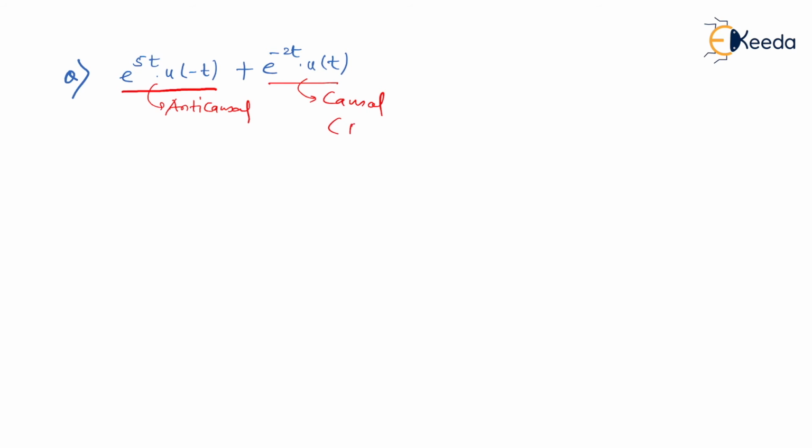We know that causal covers the right part and anti-causal covers the left part. If we cover the right part and the left part, then in effect it becomes a both-sided function. A both-sided function is neither called causal nor anti-causal. You have to take causal and anti-causal together, and it becomes non-causal.